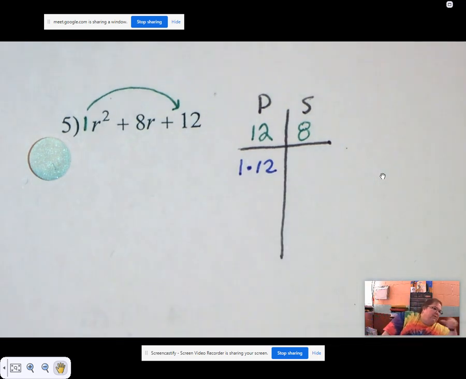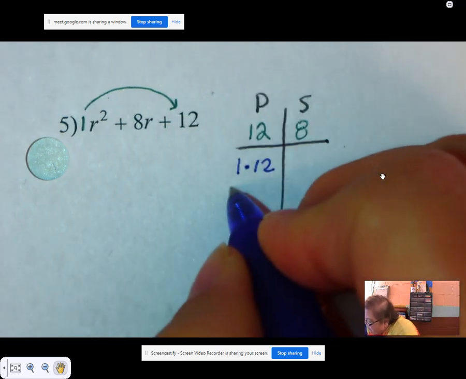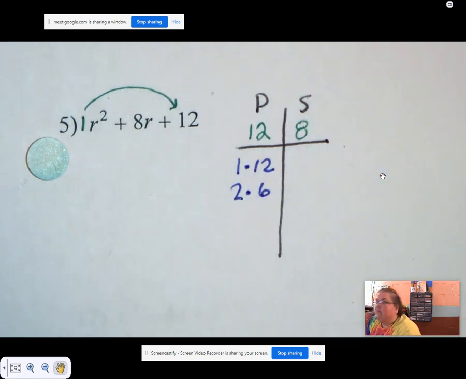What else can I multiply together to get 12? Four times. But okay. So do you see what I'm saying? See how you're jumping around? I want to cure that for you. That's why I start with 1 and I go to what is 12 divided by 2? So 2 times 6. Okay. Now go to 3. 3 times what is 12? 4.